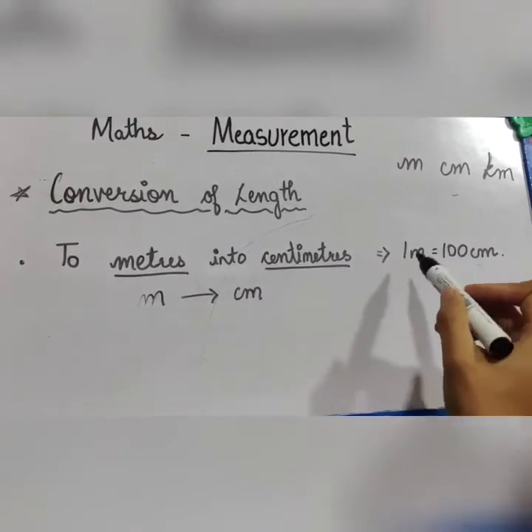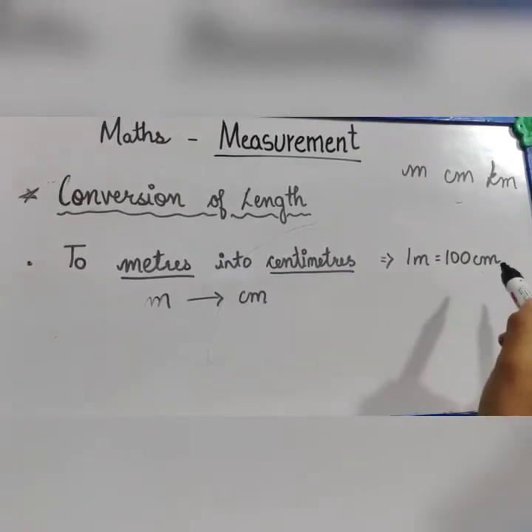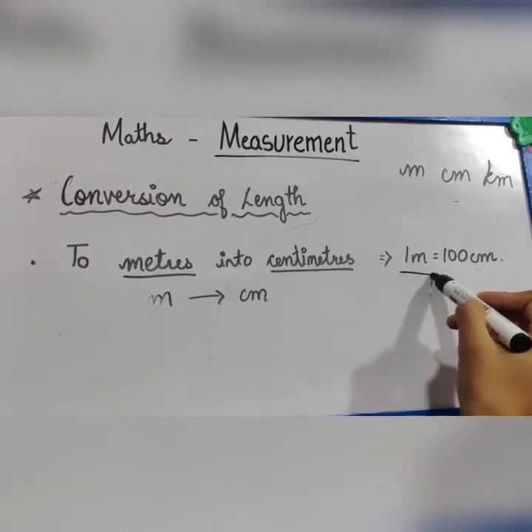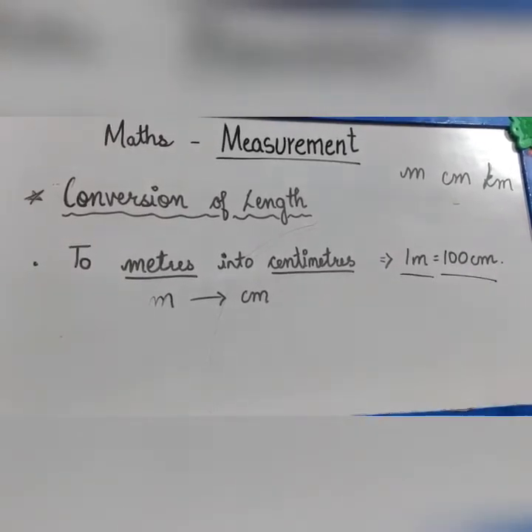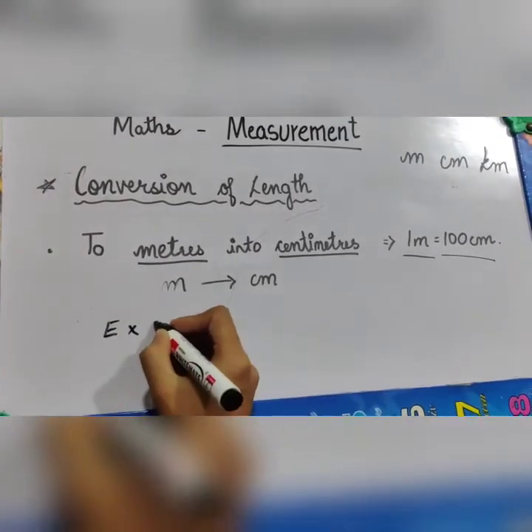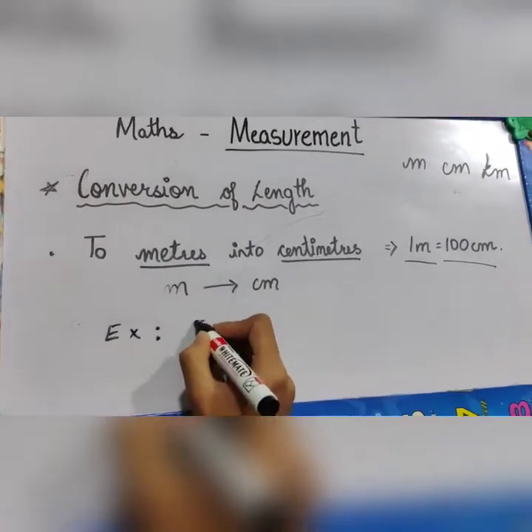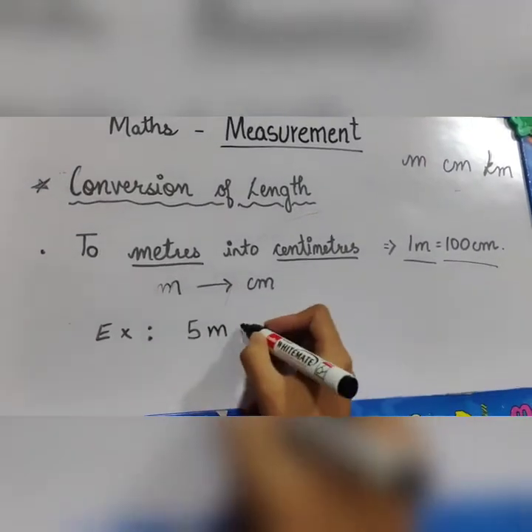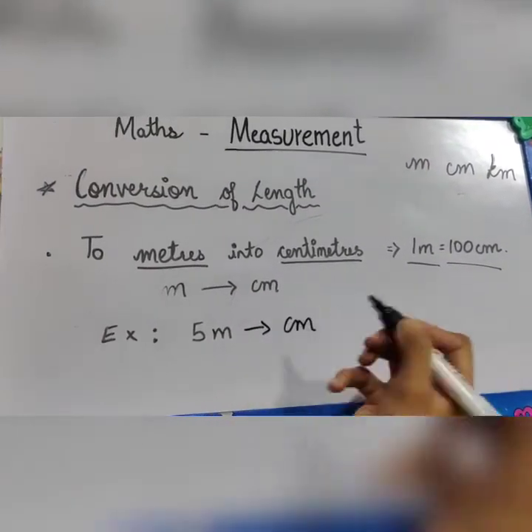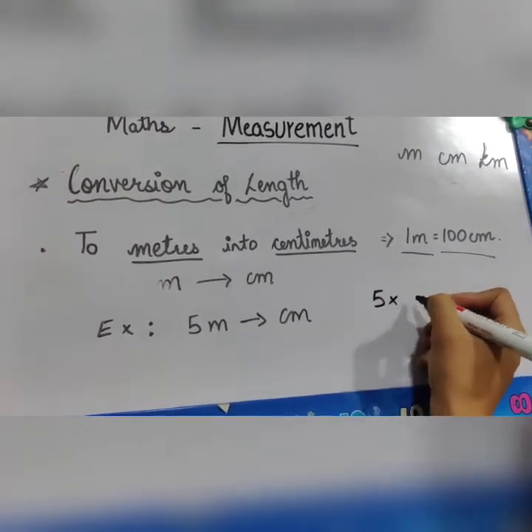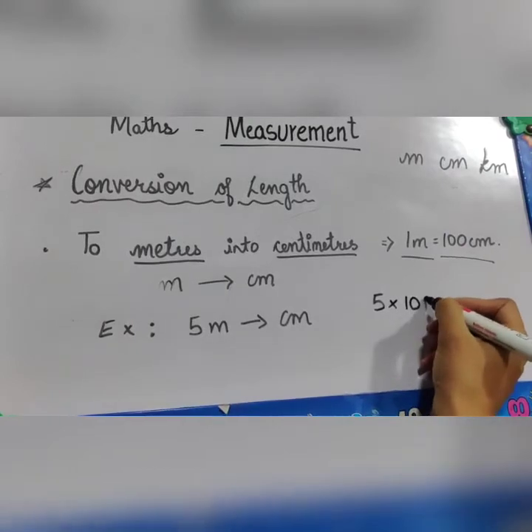For this we have to know how many centimeters are equal to 1 meter. So 1 meter is equal to 100 centimeter. See the example. If we have measured something that is 5 meter and now we have to convert it into centimeter, what will we do? We will multiply 5 into 100.